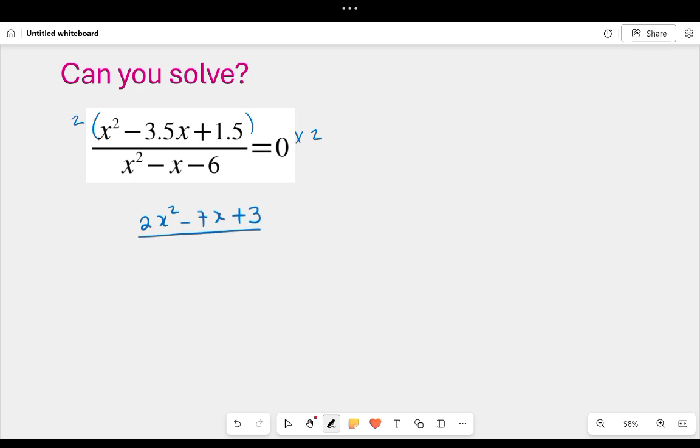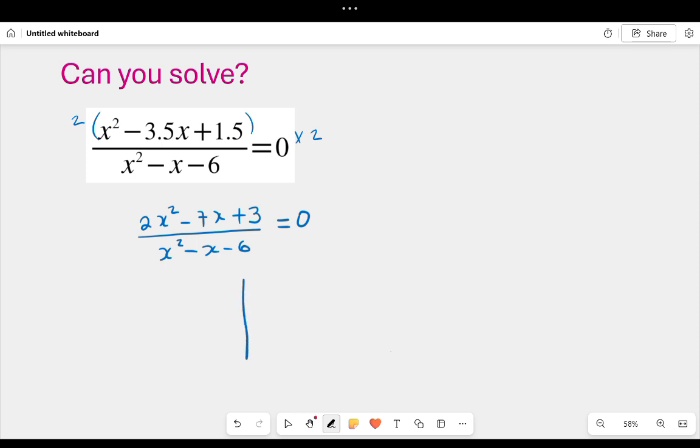Then divide by x squared minus x minus 6, which is equal to 0, because 0 times 2 is just 0. Alright, now our next step, we are going to factorize both quadratics.